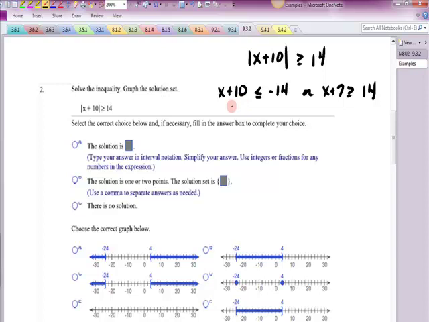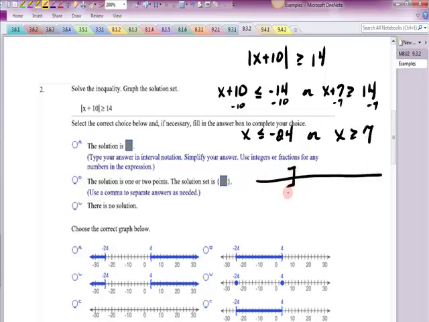If we solve this one, subtract 10, x is less than or equal to negative 24, or x is greater than or equal to 7. All right, number line, we have negative 24. We have positive 7, so it's this way and this way.